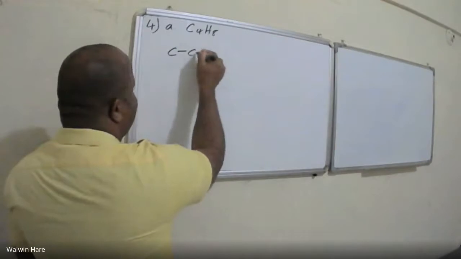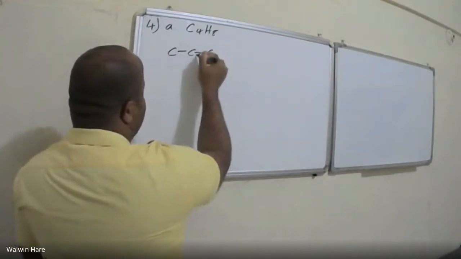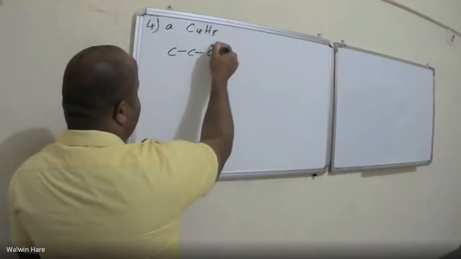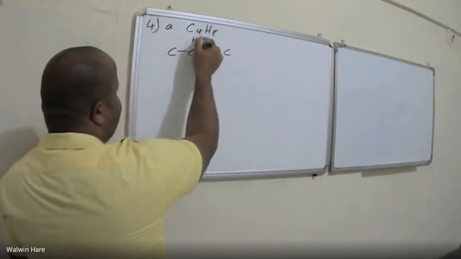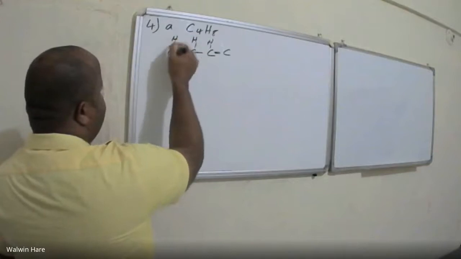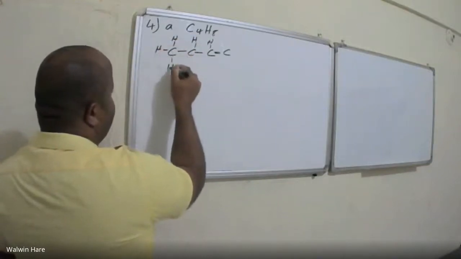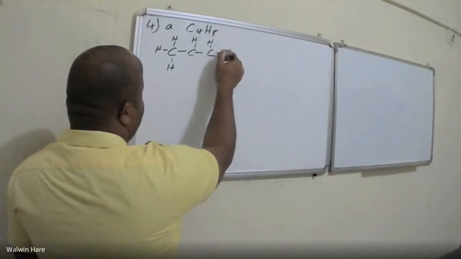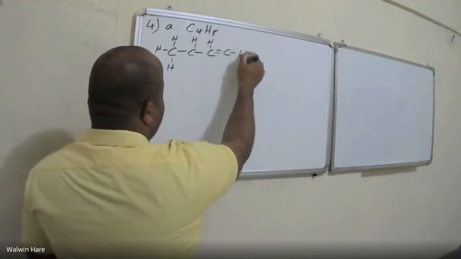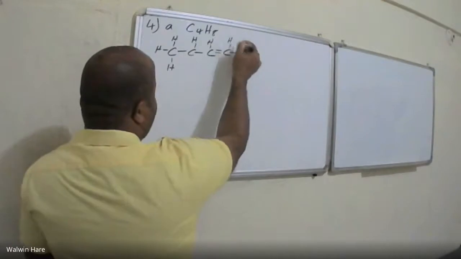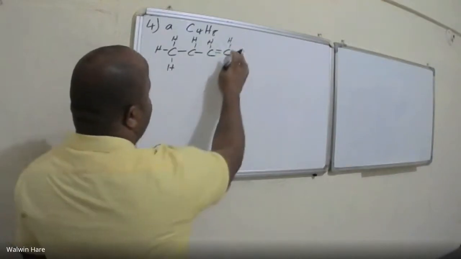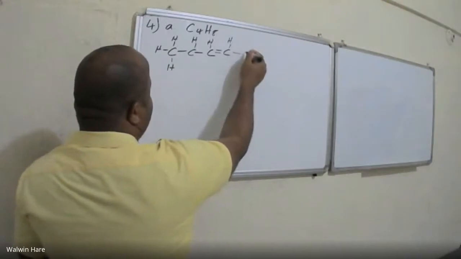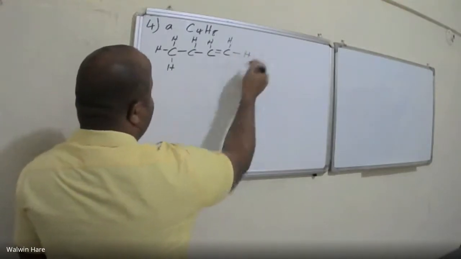So we can simply draw, we could do 1-butene, right? So I'm just going to give some options. This has too much hydrogen. No. 1, 2, 3, 4.